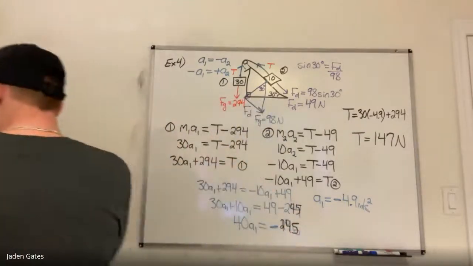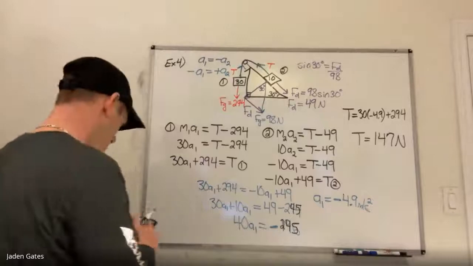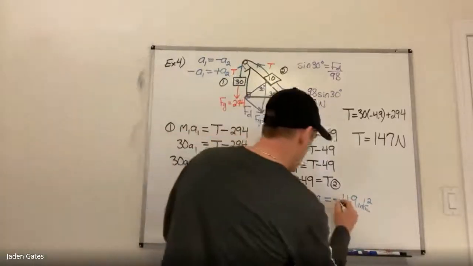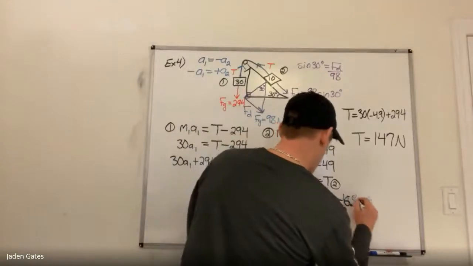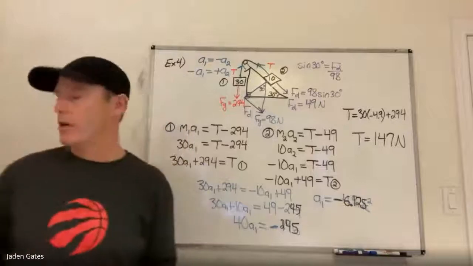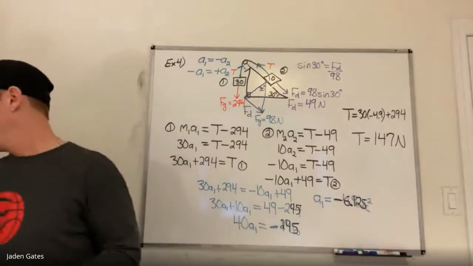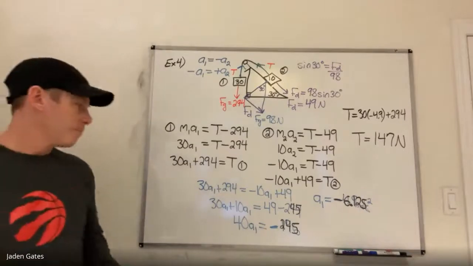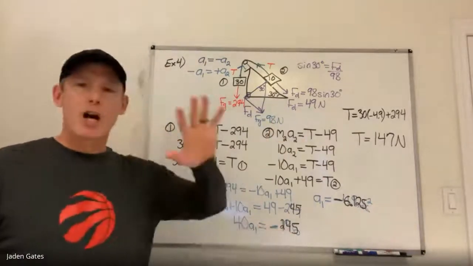And then I divide by 40, and I'm getting minus 6.125. Sorry, I must have typed in wrong numbers. That can happen, unfortunately. I just messed up that number. The process is totally the same.